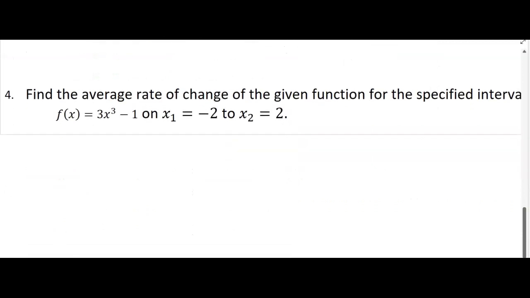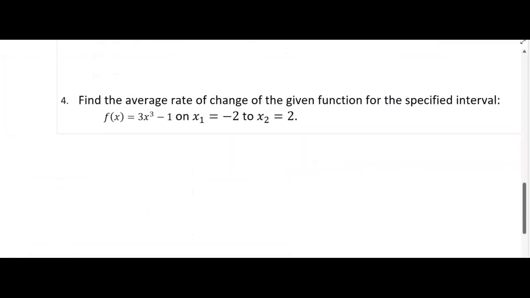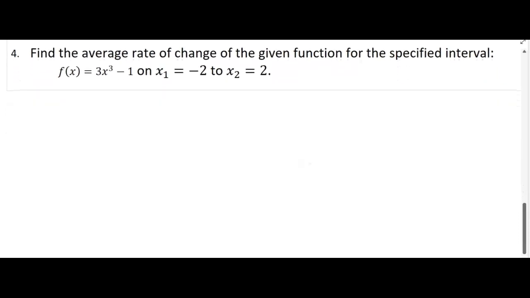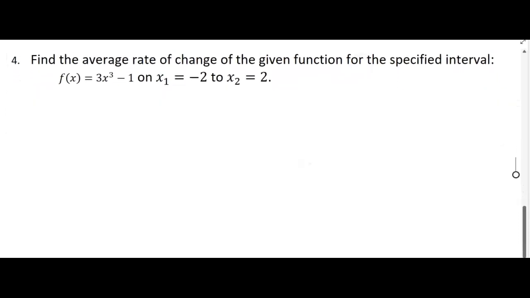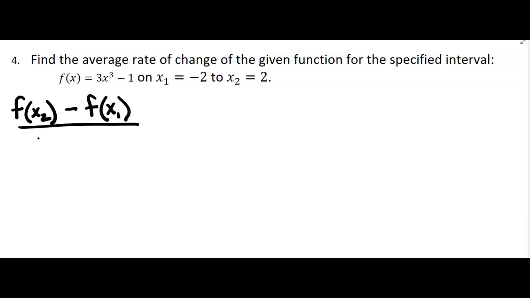So hopefully that's happening. And then there were some problems with the average rate of change. Some of you may not have realized you needed the formula for the average rate of change. The formula goes like this. You take f, your function, evaluated at x sub 2 minus f evaluated at x sub 1 over x sub 2 minus x sub 1.